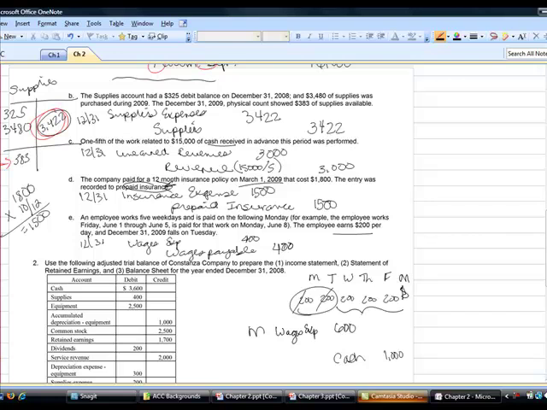We can't record wages expense of $1,000, because that means we would double count Monday and Tuesday, which already got recorded. So on Monday, we would go ahead and record wages payable. Remember, that's a credit. So if I debit it, I'm decreasing it. What I'm doing is I'm clearing out the balance in wages payable by debiting it. I know that the problem didn't ask you for that, but I believe your homework will ask you for the second step, what happens on payday. So that is what happens on payday.